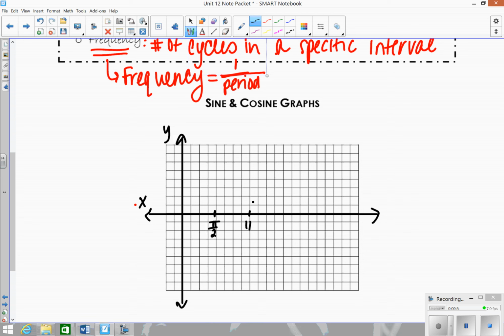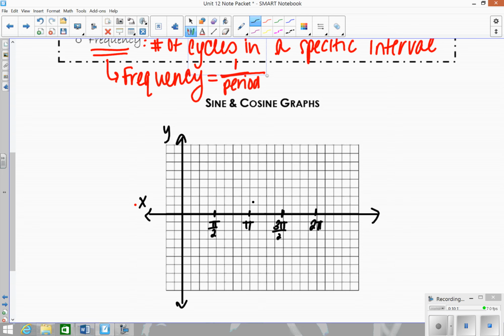This will be 180, or pi. Then 270 will be next: 1, 2, 3, 4. So this will be 3 pi over 2. And then 1, 2, 3, 4 will be my 2 pi or 360. And then, of course, 0 starting at the origin.